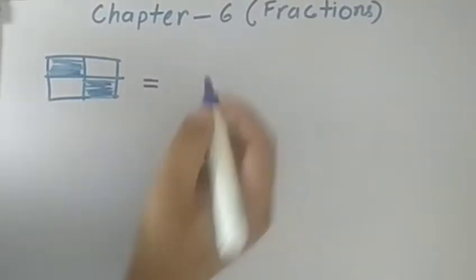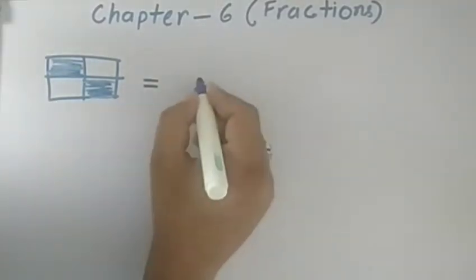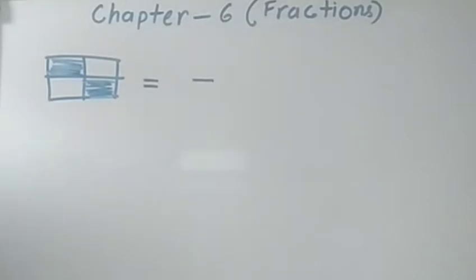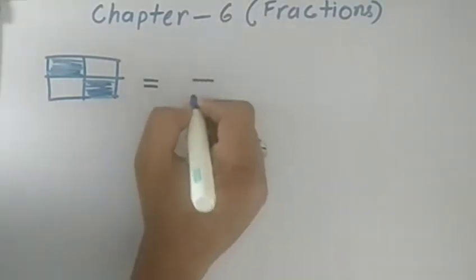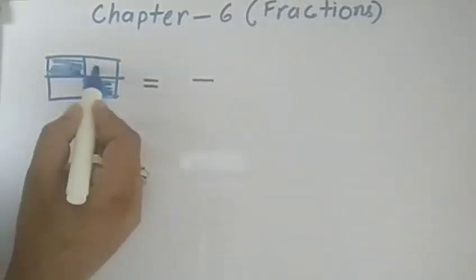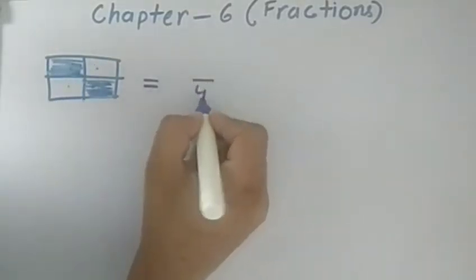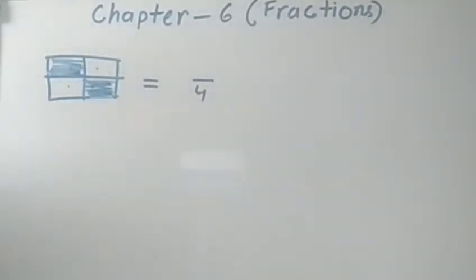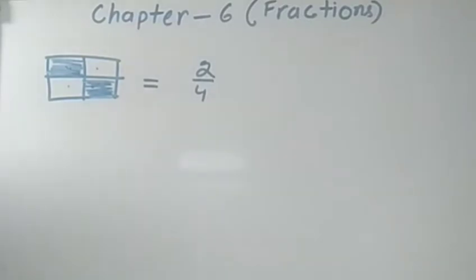First of all, we make this line segment, and below this line segment we write the total number of parts. How many total parts are there? 1, 2, 3, 4. So we write 4 here. And how many parts are shaded? 1, 2. So 2 upon 4 is the fraction of shaded parts.